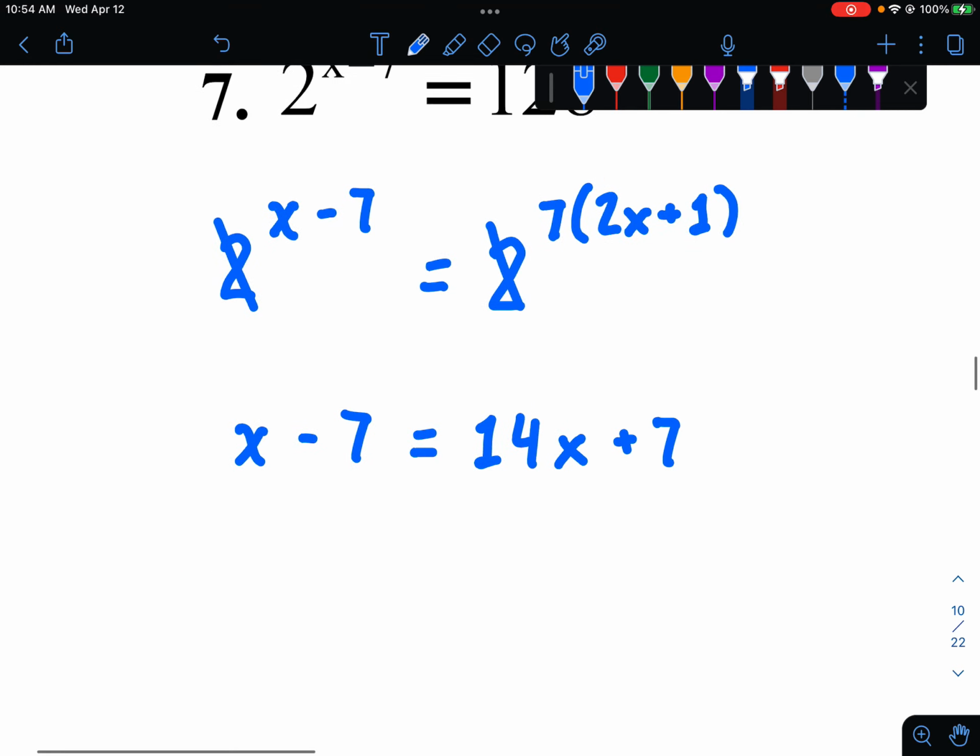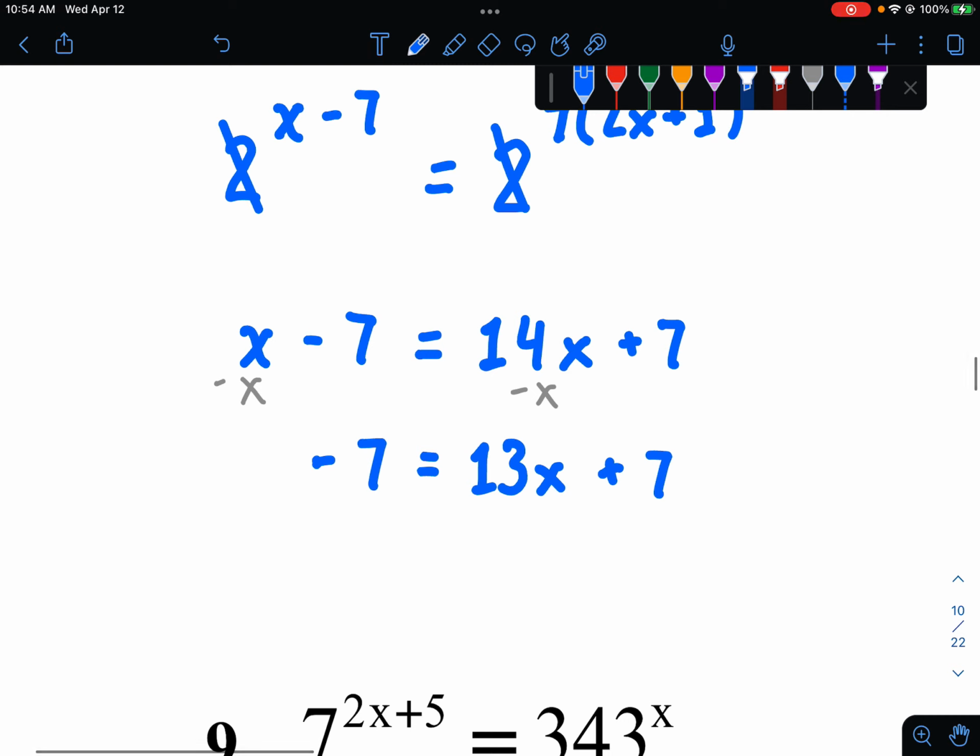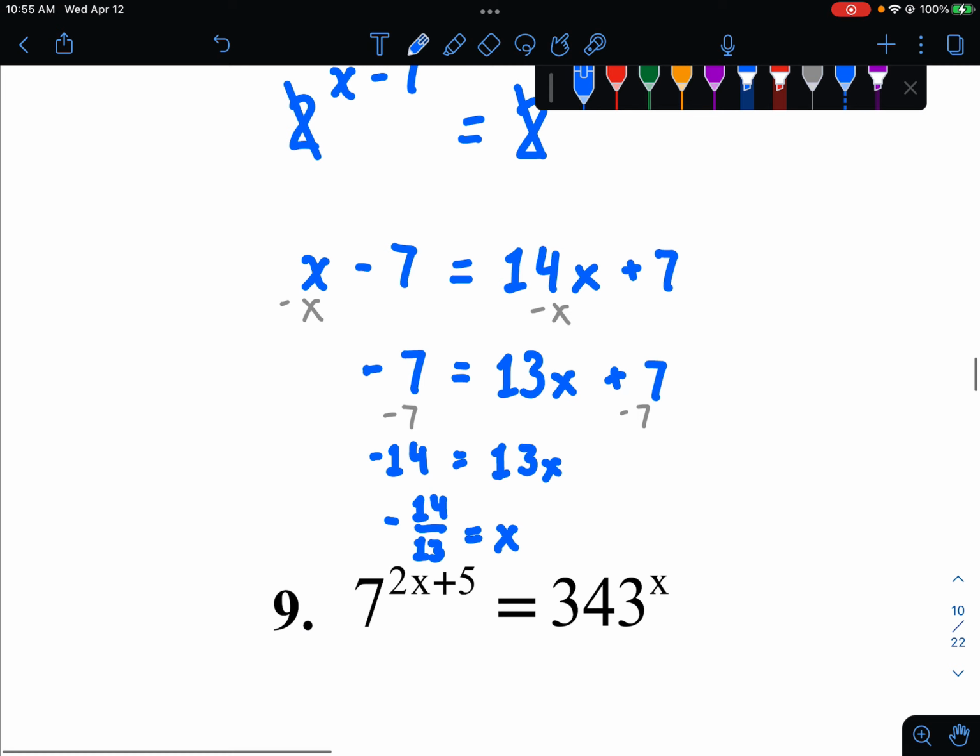What I'm going to do here is I'm going to subtract this x just to keep that 14, or the coefficient of x, positive. I have my plus 7 there. Then I subtract 7. Right, so that is going to give me something real weird. I'm going to get a weird fraction. That's okay. Simplify the fraction if you can. We can't here. You get -14/13, and that's the best we could do.